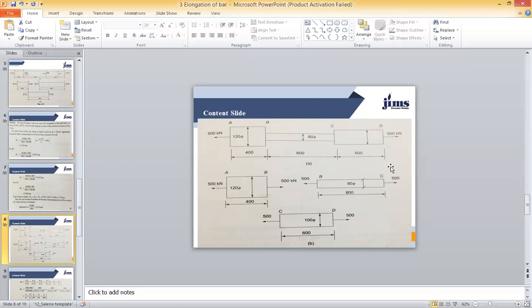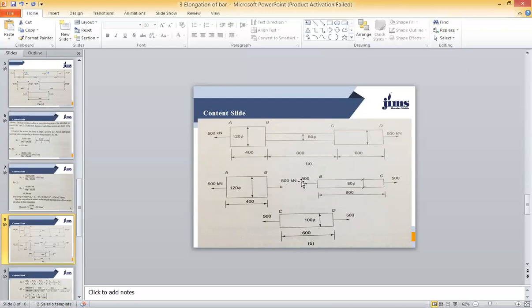You have to remember this word: the nature of the load is very important. If there is any load whose nature is compressive, then you have to subtract that elongation, because the compressive load will compress the member, not elongate the member.